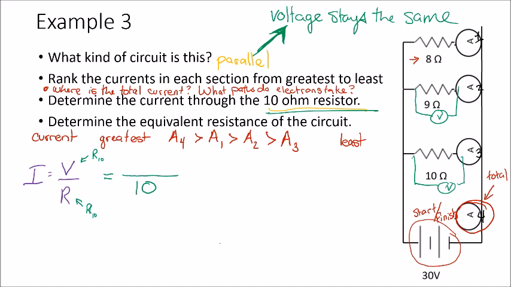That means if we hooked up a voltmeter across every one of these resistors, they would all show us a voltage drop of 30 volts, which is the same as our total voltage in the battery.